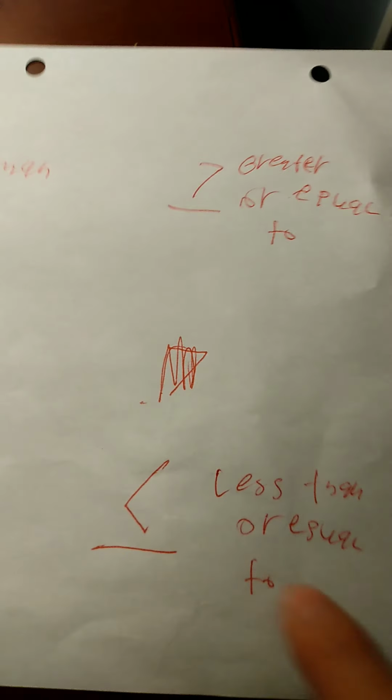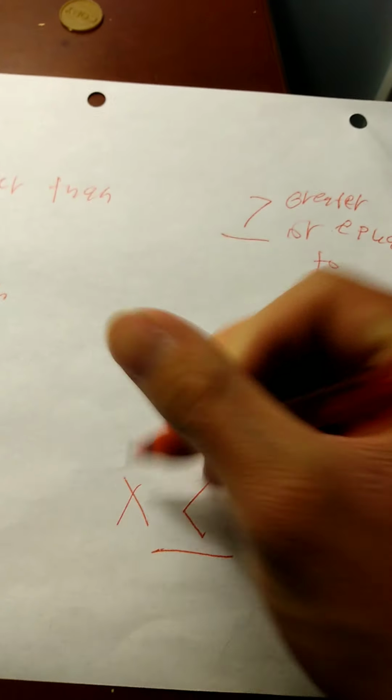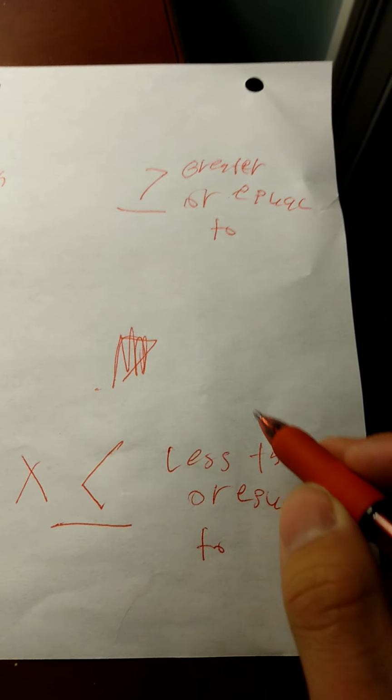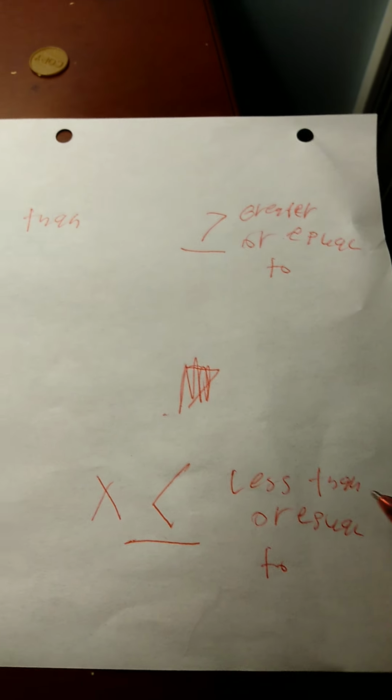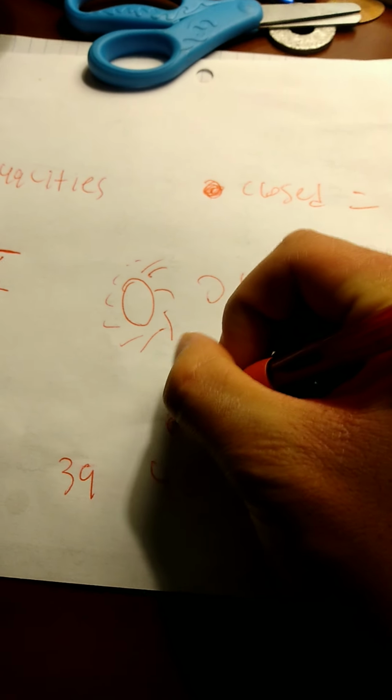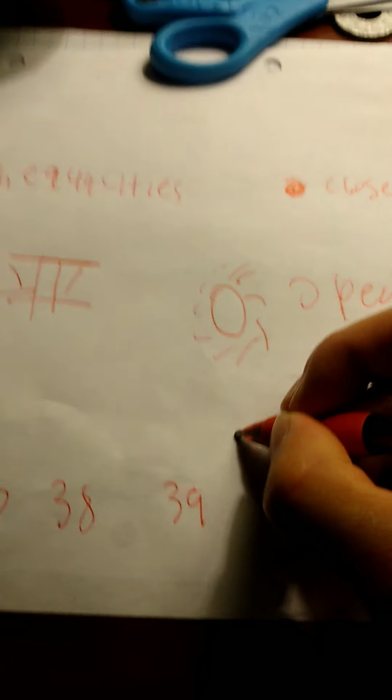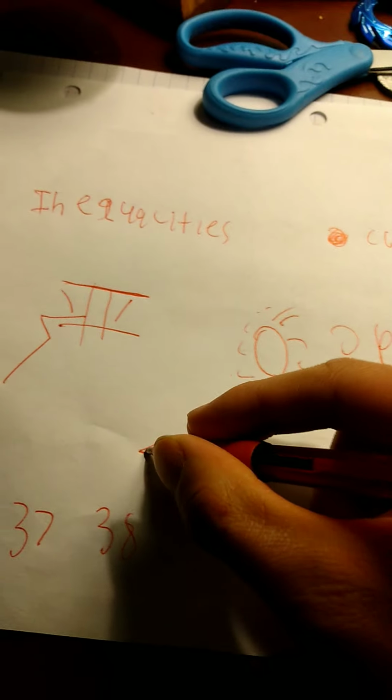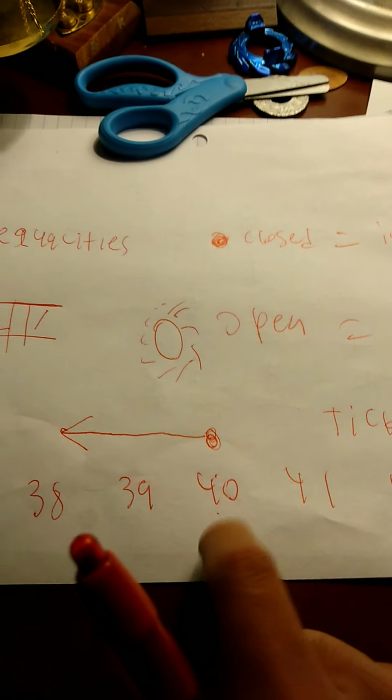So it's going to be this symbol, because x, which is your speed, can be less than 40 or equal to 40. That would be a closed bubble, because it's including 40. So 40 is going to be bubbled in, and it's going to go this way, because you can go lower than 40, but 40 is the max speed you can go.